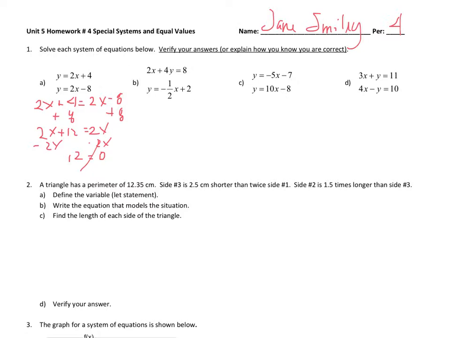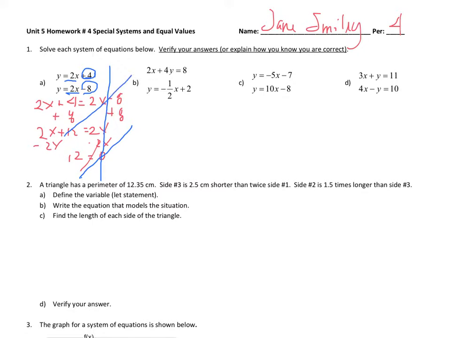On closer inspection, we can look at this and we see that each of these equations has the same slope, but they have different y-intercepts: 4, negative 8. So if we were going to graph these, it would look something like this. This is our y-axis. Here's negative 8.